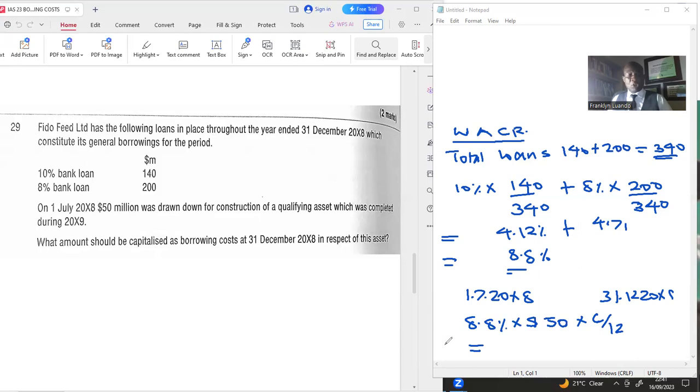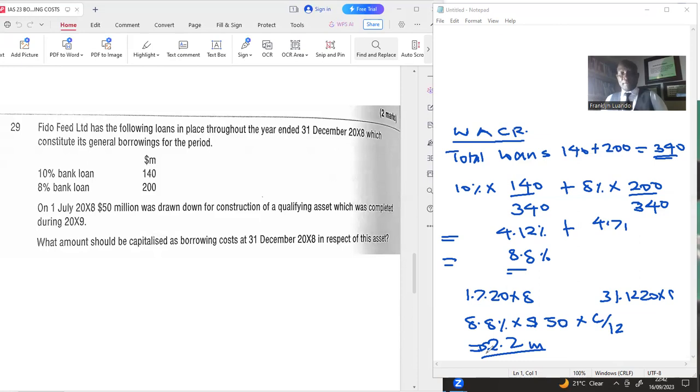So the amount to be capitalized in this case will be 2.2 million. This will be part of the cost of the asset.